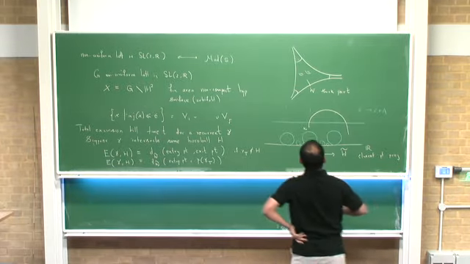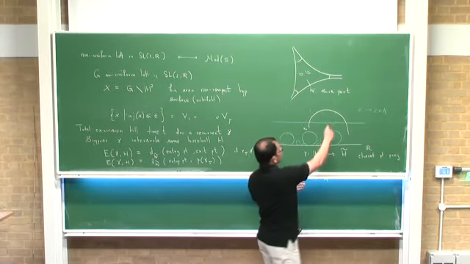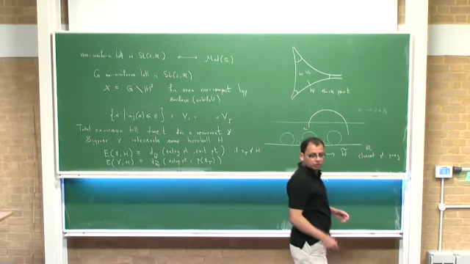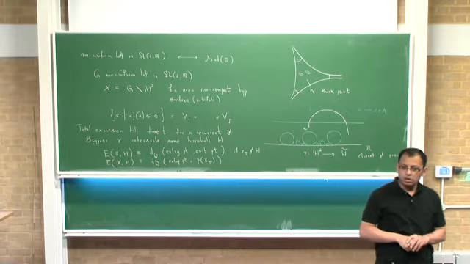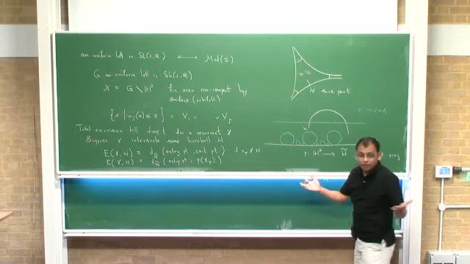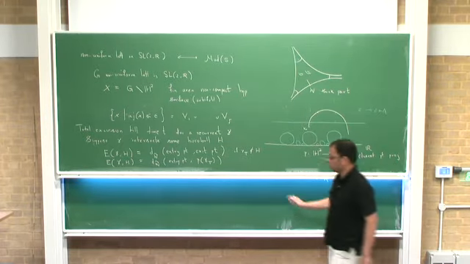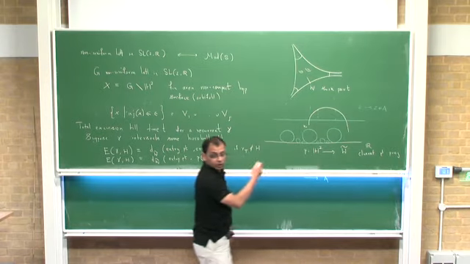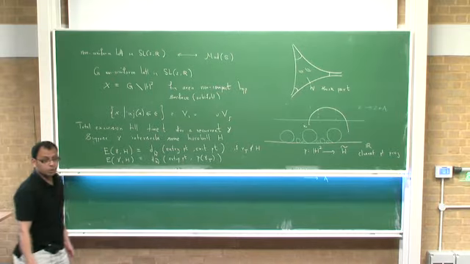No, I'm confused. Why is there an ambiguity? Just the vertical geodesic is going to achieve the minimum distance to the boundary. Yeah, it's a convex set. Yeah, in this picture, you just take the vertical geodesic ray. That's the shortest path to the boundary.